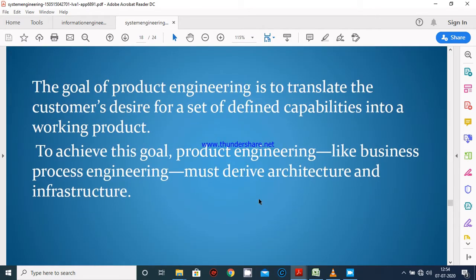So I told you earlier what product engineering is. Product engineering is used to translate the customer's requirement for a set of defined capabilities into a working product. To achieve this goal, product engineering, like business process engineering that I have already covered in an earlier video, must drive architecture and infrastructure.